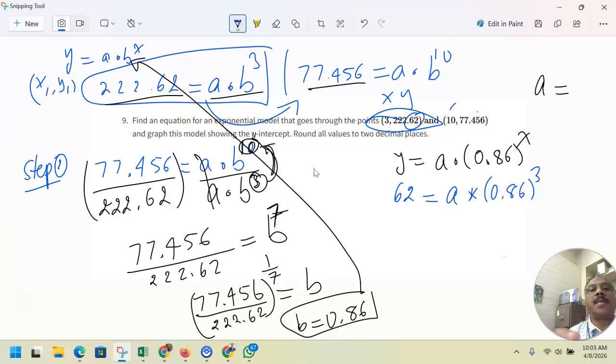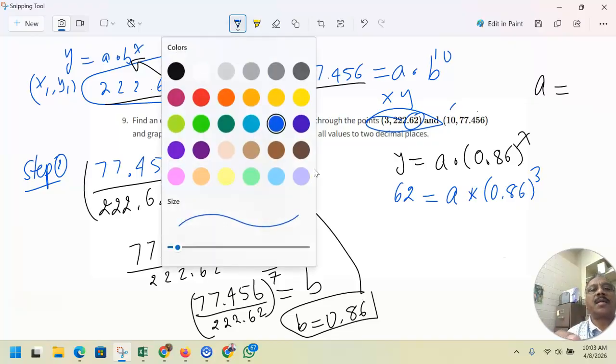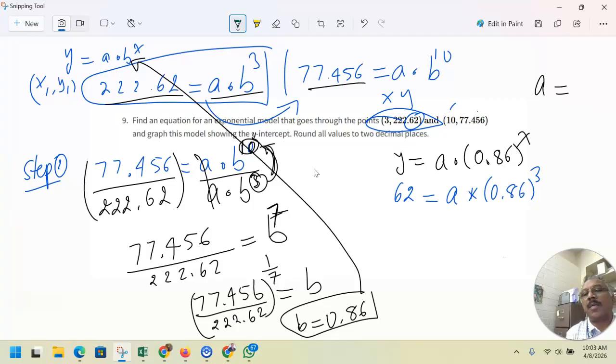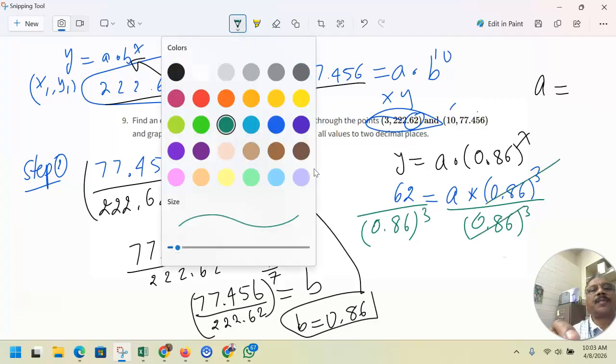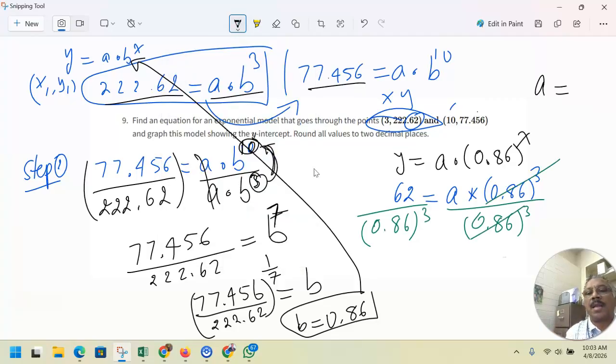Now divide both sides by 0.86 raised to 3. You can see this crosses out, and you get a equals, and now we put it on the calculator.